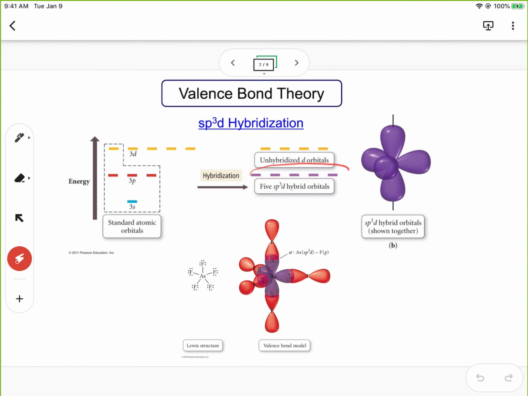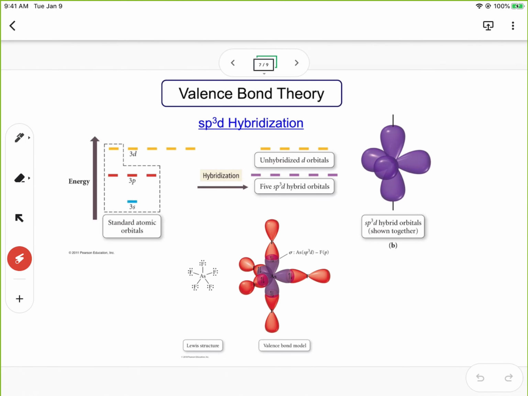The electrons from arsenic in these 5 equivalent orbitals will interact with the fluorines through arsenic-fluorine bonds, to form this trigonal bipyramidal geometry. And what do we call it? We call it sp3d hybridization: 1 s orbital, 3 p orbitals, 1 d orbital. Okay, so that is what we call it.